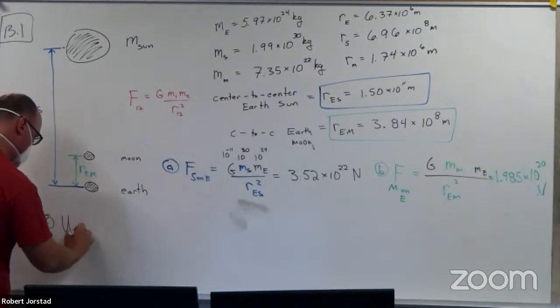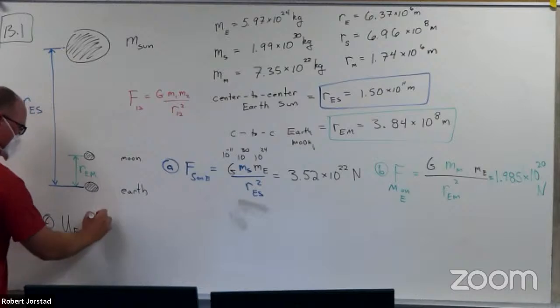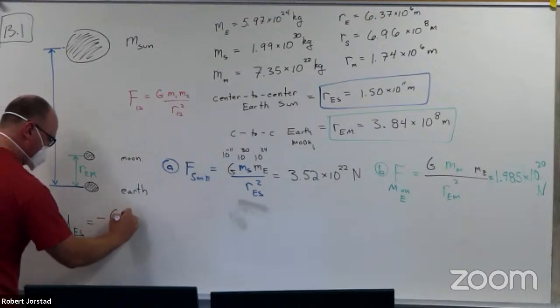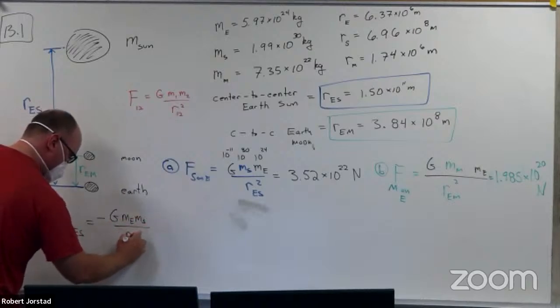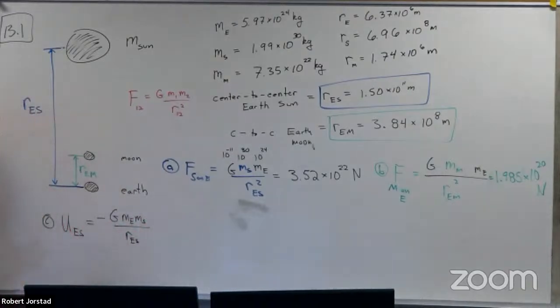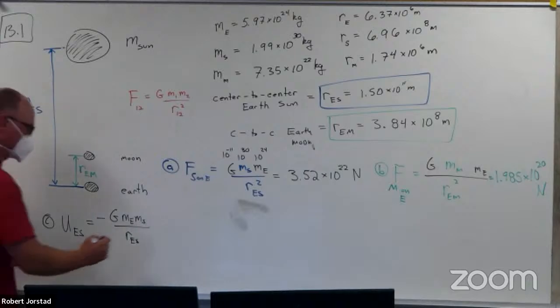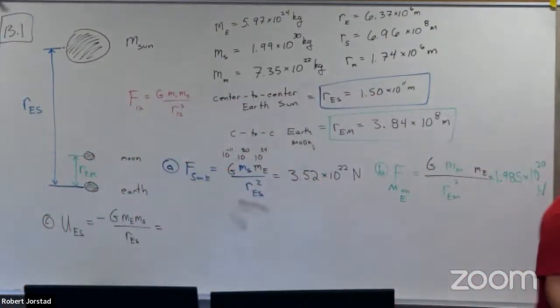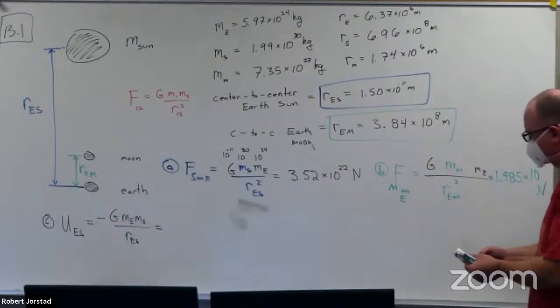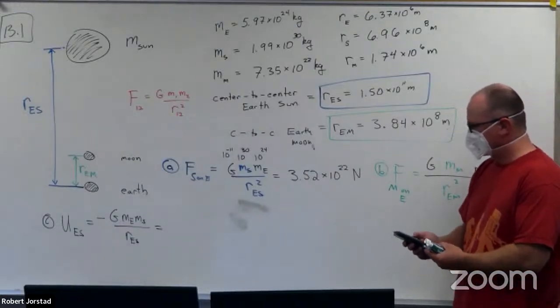U Earth-Sun is going to be negative G, mass of the Earth, mass of the Sun, over radius Earth-Sun. Okay, let's punch it in and get a number. There's a reason for this. I'm trying to lull you into forgetting there's a trick here. Okay, you'll see.